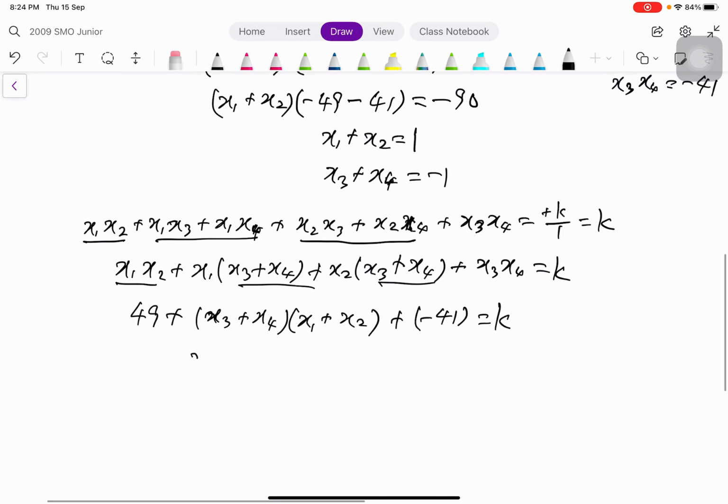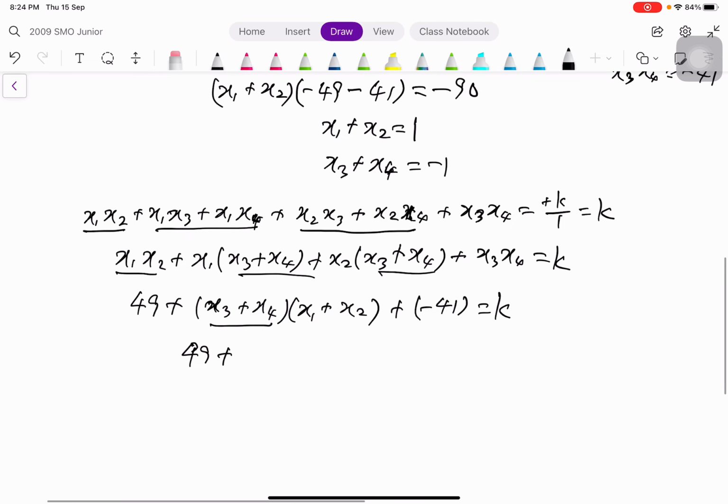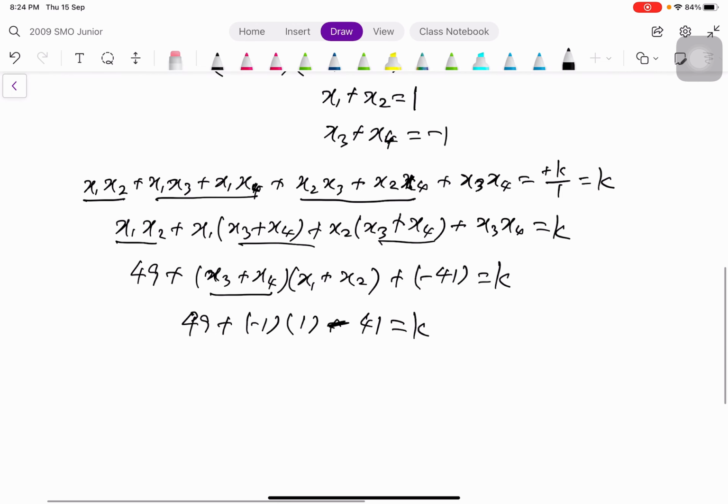Then 49 plus, x3 plus x4 is minus 1 and x1 plus x2 is 1, and then minus 41, equal to k. Therefore, it's 49 minus 42. Therefore, k is 7. That's it. k is 7.